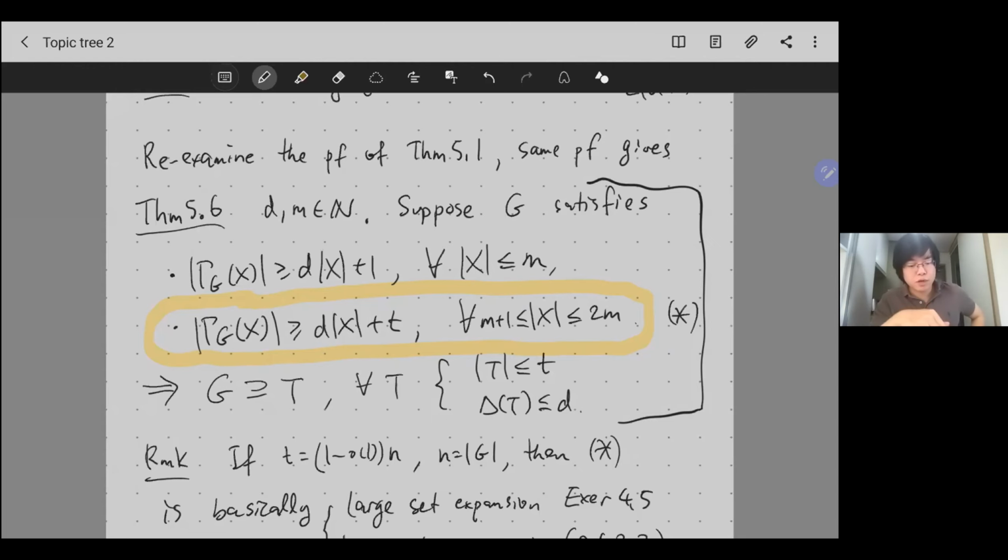We have the expansion property for small sets, and we have this large set expansion property for sets between size m and 2m. These are fairly straightforward to verify.